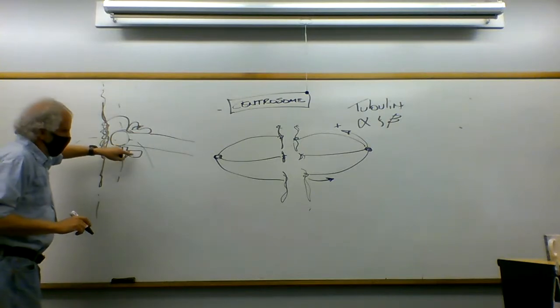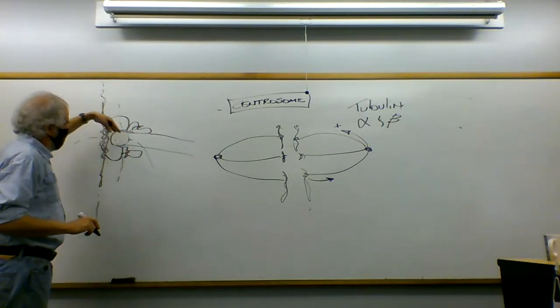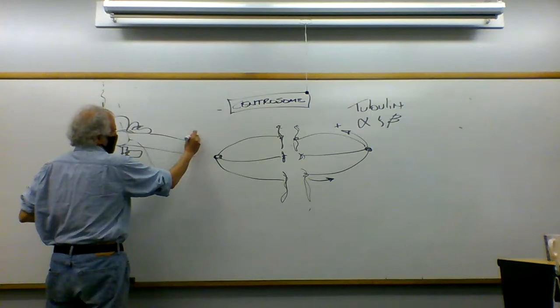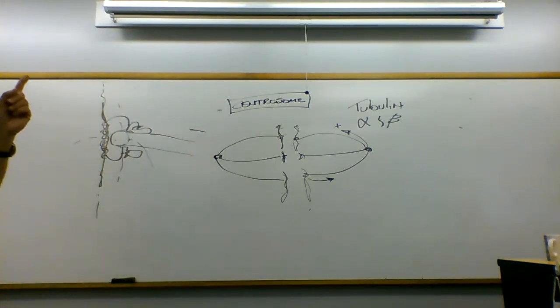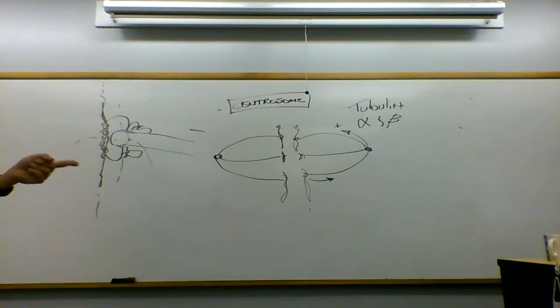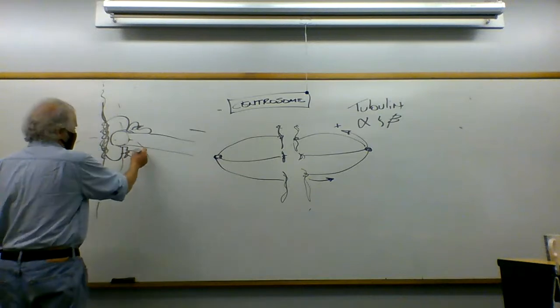And so this is going to be a minus end directed motor. That is the kinesin. Let's see, hold on. The way I keep up with it is the plus and minus, and then in alphabetical order, dynein and kinesin. So the minus end directed is a kinesin, and is going to be pulling this thing down.